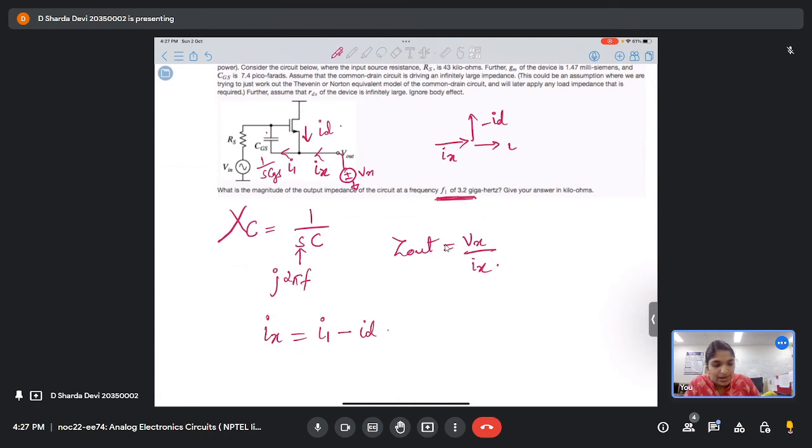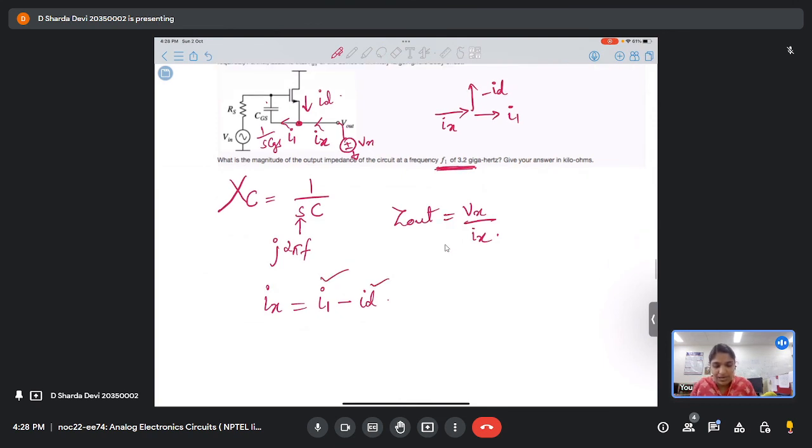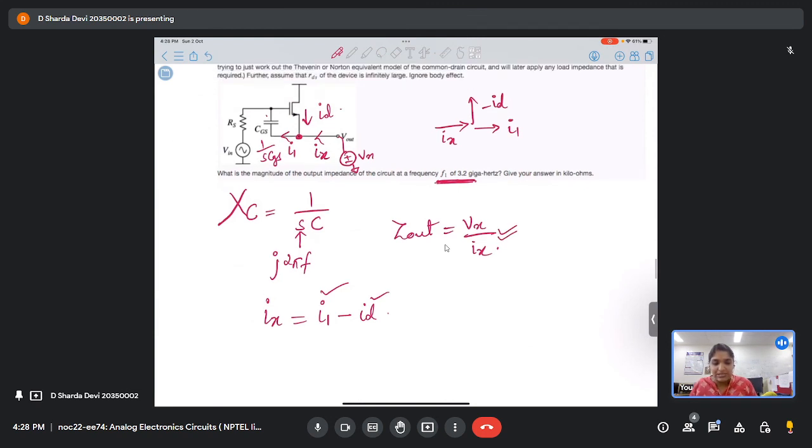Yes, entering, exiting from this particular node. And this is I1. So simply we'll write the expression for ID, write the expression for I1, and we'll add them and we'll get Ix. And we have to find Vx by Ix to get this Zout. Okay. So will you be able to solve this for I1 and ID?